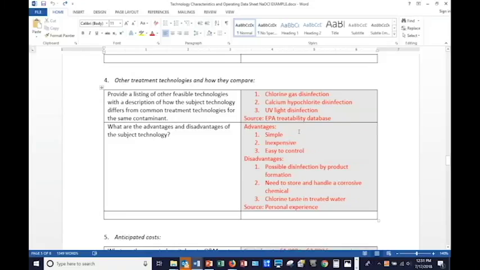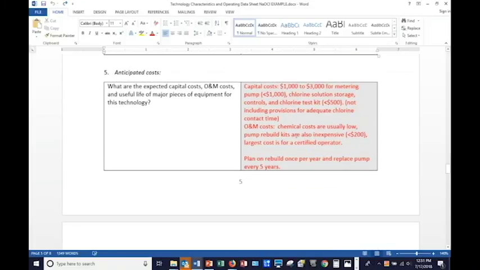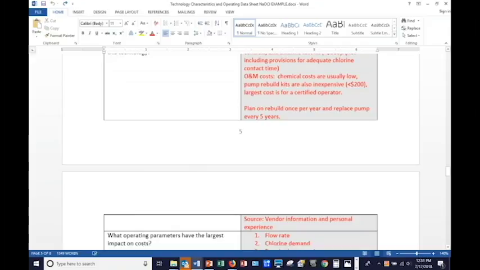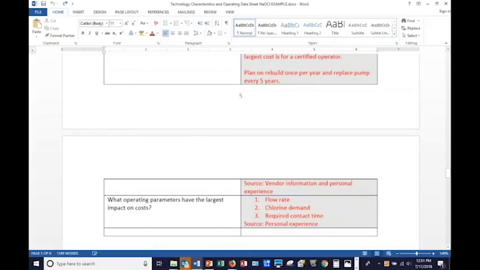Anticipated costs, I went ahead and pulled out some information from catalogs and stuff like that, and put that cost information in there, for inclusion in the trainings. Next question had to do with what are the operating parameters that have the largest impact on costs? And so I put those in there. And again, that was based on some personal experience.